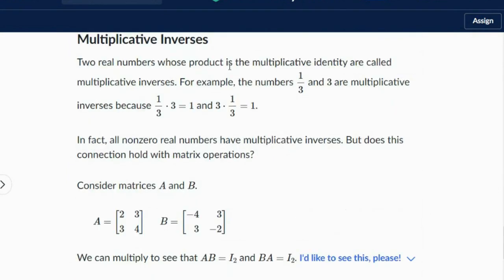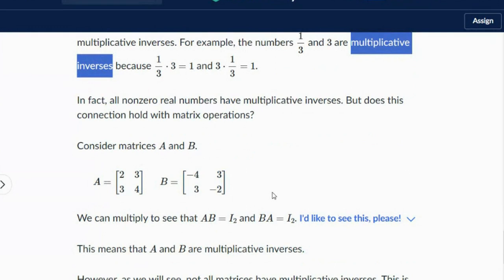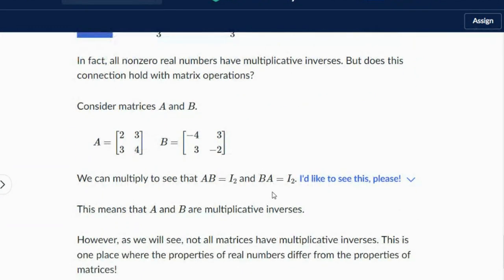Two real numbers whose product is the multiplicative identity. Oh, this is interesting. So 1/3 and 3. You may not have used these terms much in math, but those are multiplicative inverses. Multiplicative inverses, 1/3 and 3, because when you multiply them together, you just get 1. So you can have matrices that are multiplicative inverses.